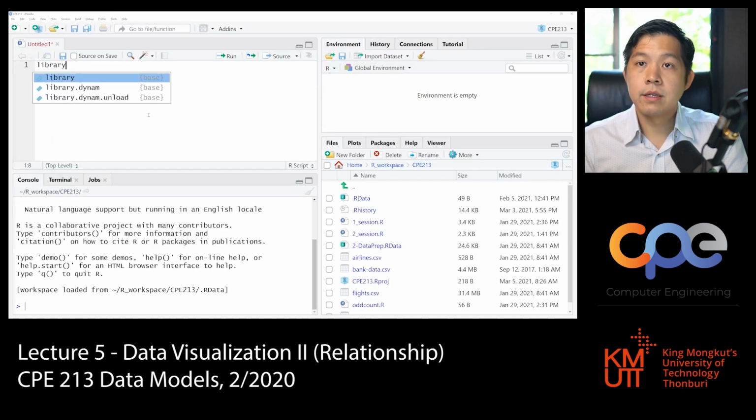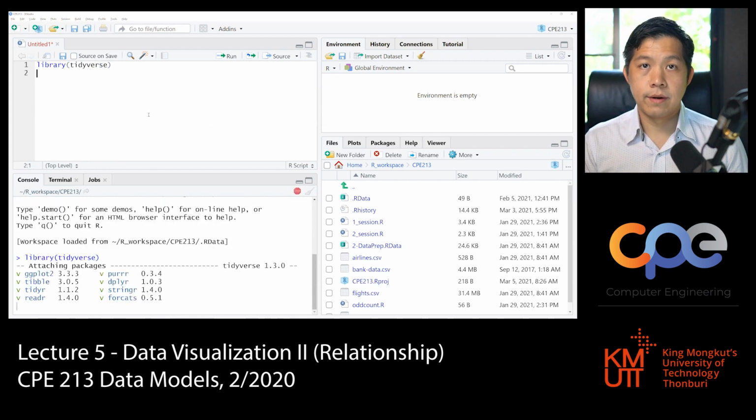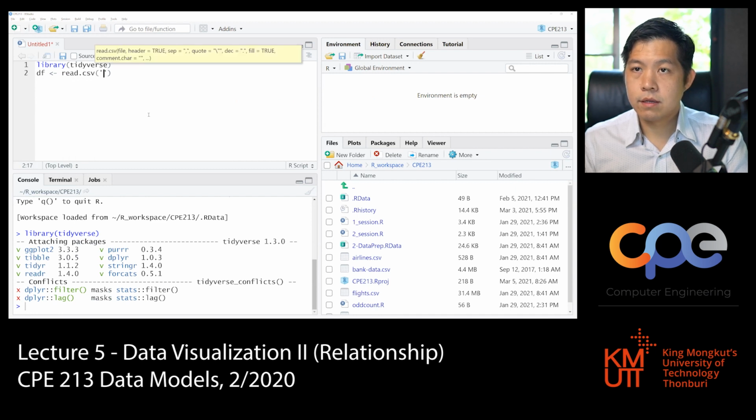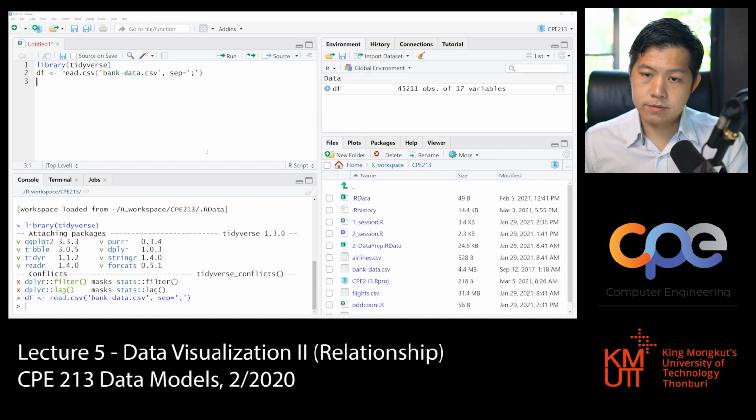Let me use tidyverse first and read the data in, using df. And then click run. Now you have the df here.